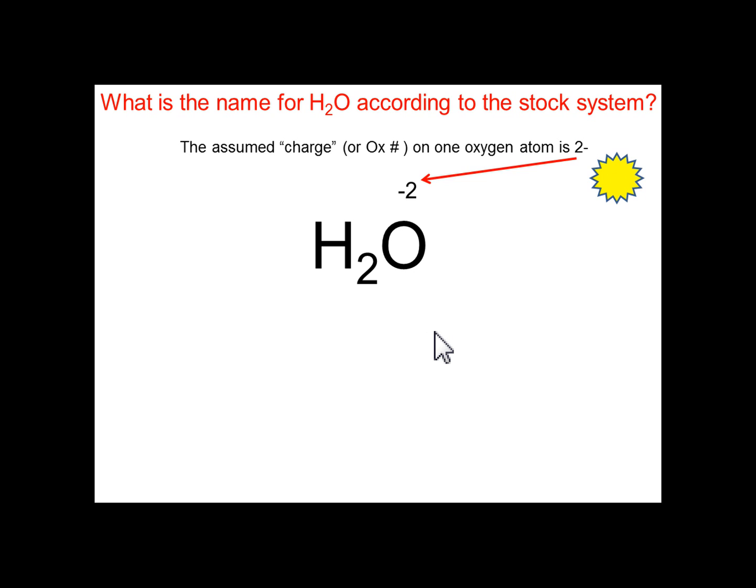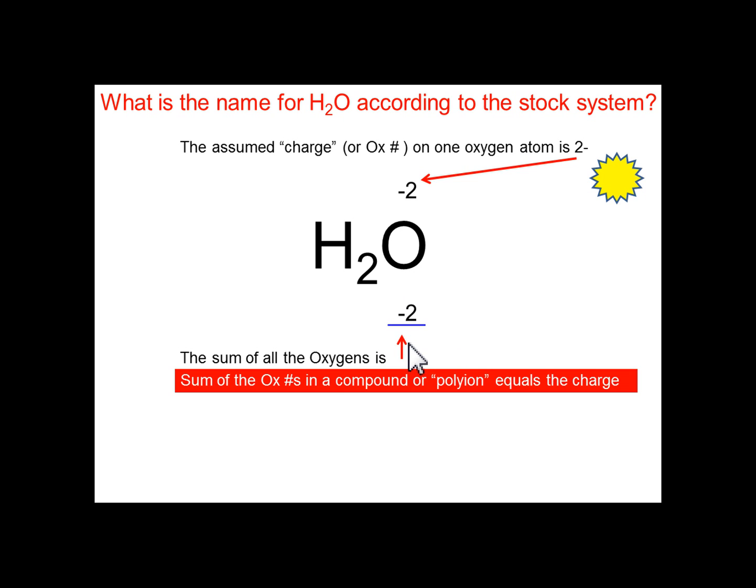So if the oxidation number is -2, and there's only one oxygen here, the total negative oxidation number multiplies out to be -2. And here's another rule: the sum of the oxidation numbers in a compound or polyatomic ion equals the charge. Well, the charge on this compound is 0, so this has to add up to 0.